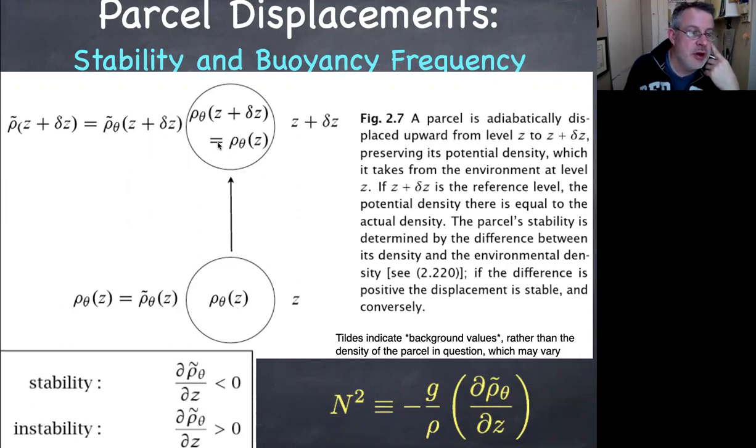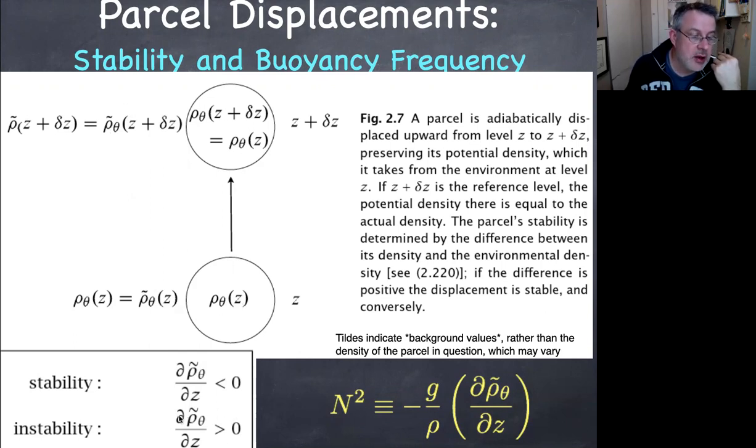So if you find that the derivative in the background potential density is negative, that means that when you go up here, this would be what? Work our way through. This would be lighter than this, and so this would sink back down.